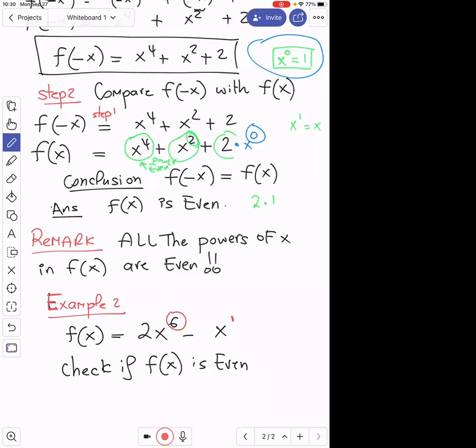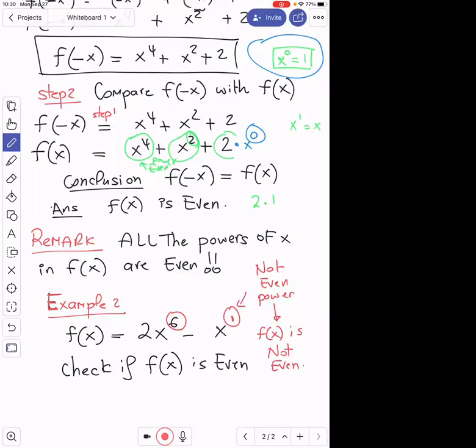That would be our guess: f of x is not even. Now let's use the definition to check.